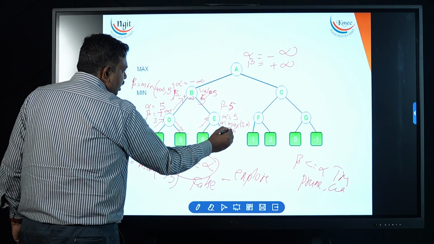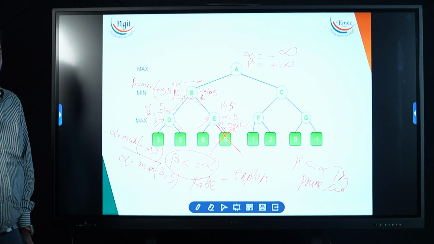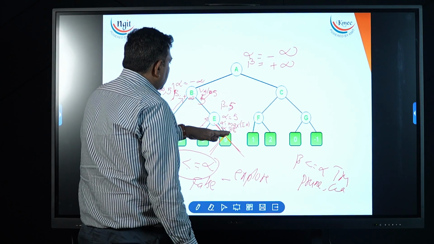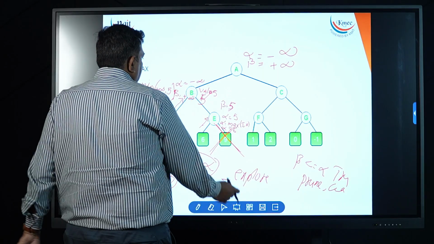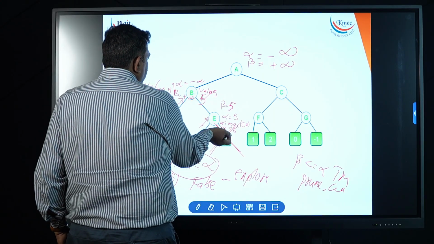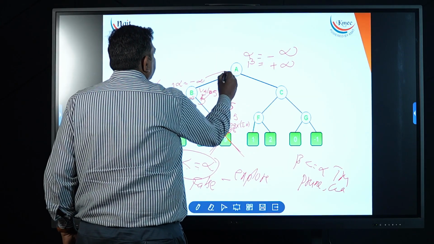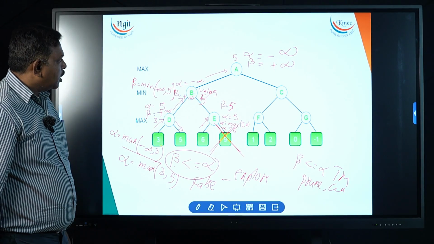True means I prune, I cut down, no need to explore this 9 again. Alpha is updated with 6, and there is no need to propagate it, as beta is already 5. Now beta is sent to its parent A.